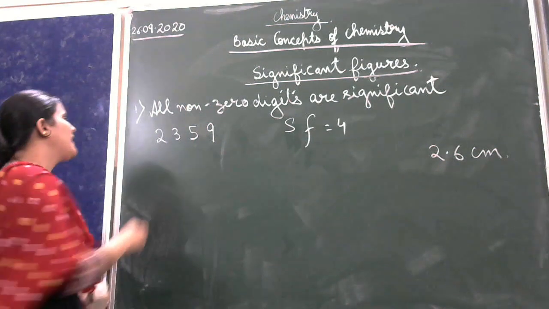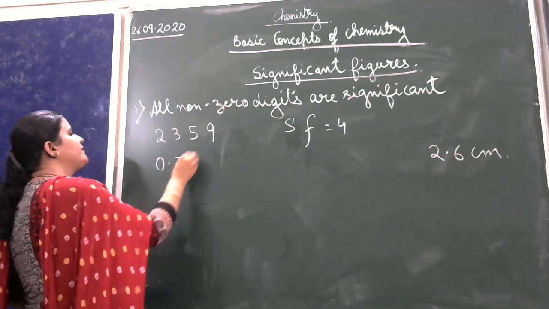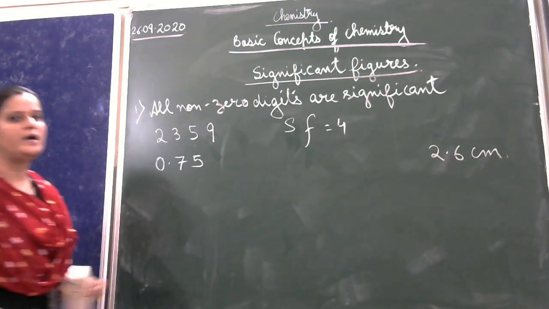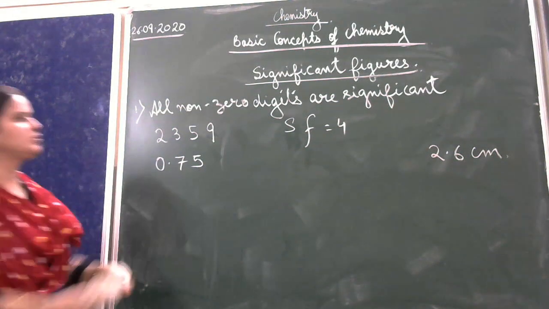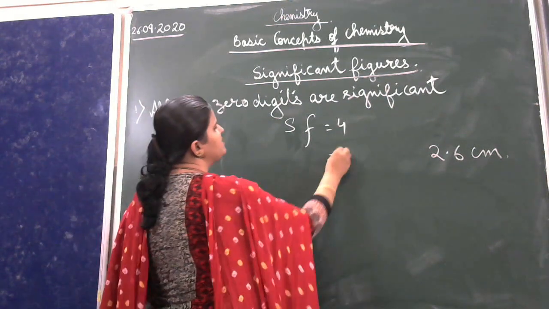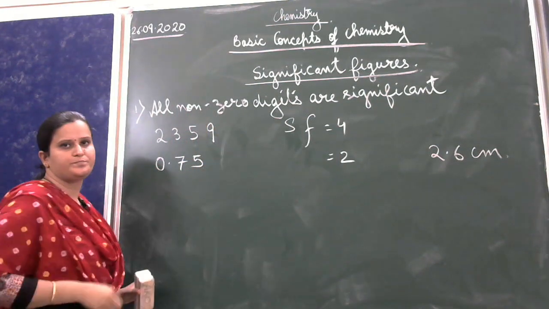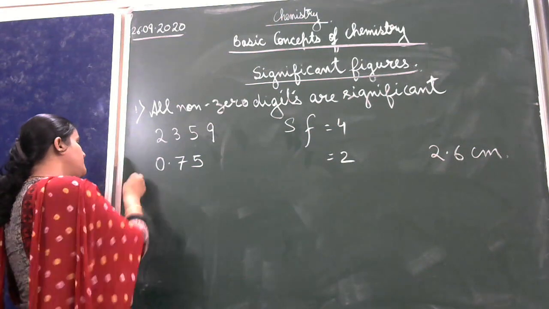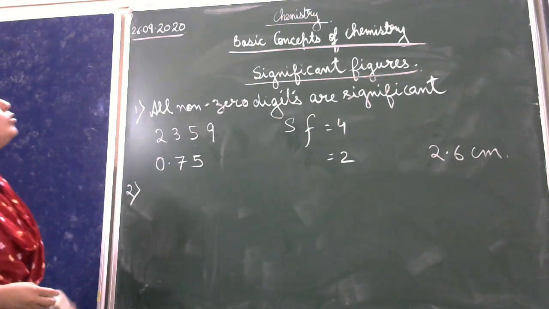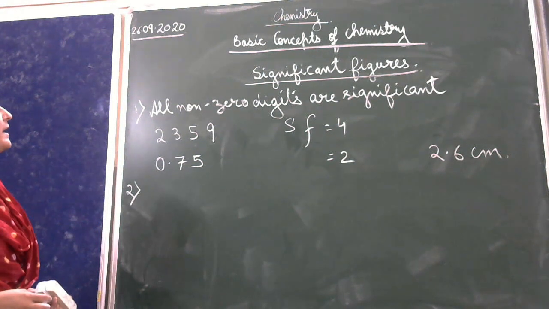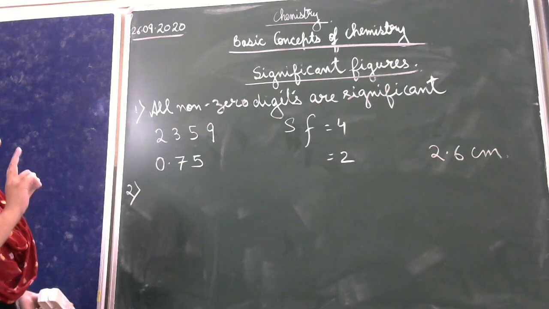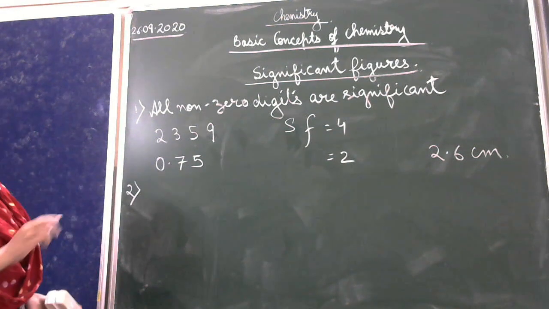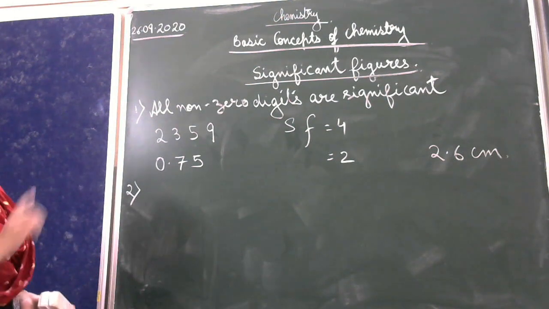Similarly, if I take the example 0.75. Here, how many non-zero digits are there? 2. So what is my significant figures? The answer is 2. Now, second rule. Any zero between any two non-zero digits is again significant.